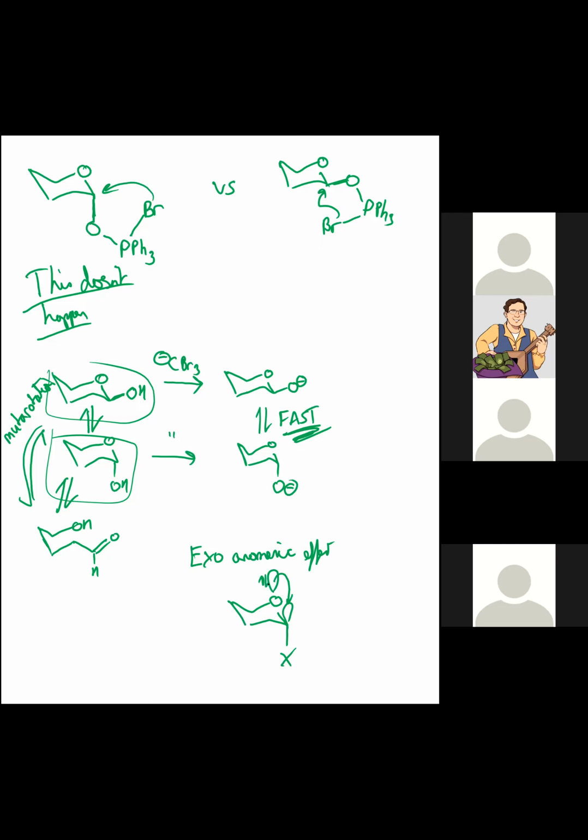And that works better for alpha than beta because the beta can't do it. You can't line up the orbitals, right? Because you can't get oxygen's orbitals to line up with this orbital here for this Y group. So you can't do that. Okay. But there's another anomeric effect, because of course there is, because screw you, called the endoanomeric effect.